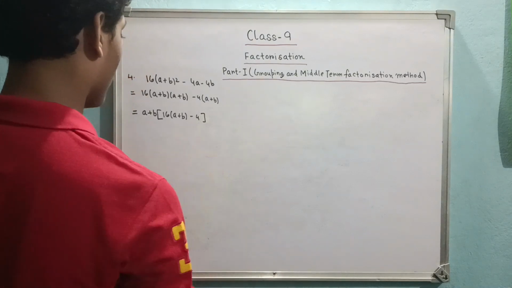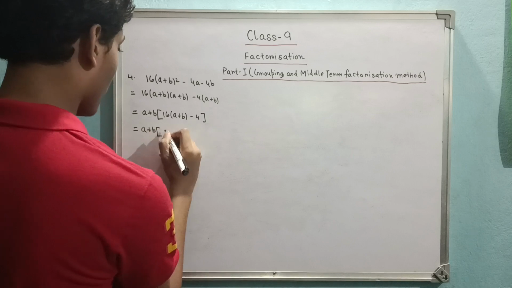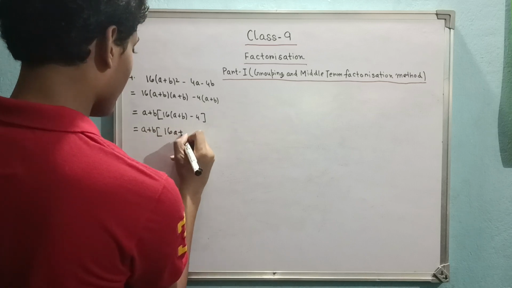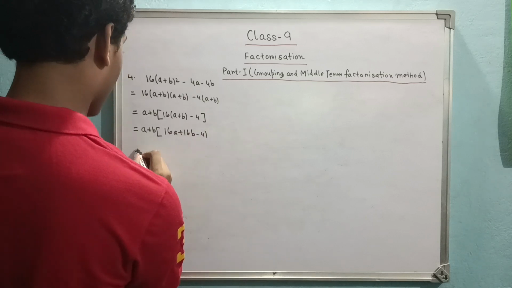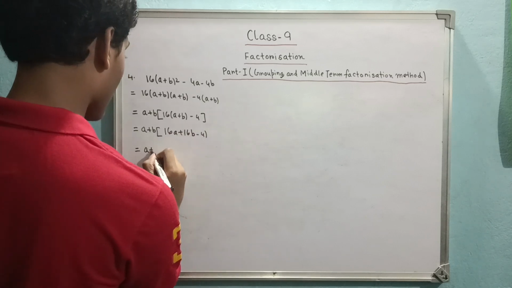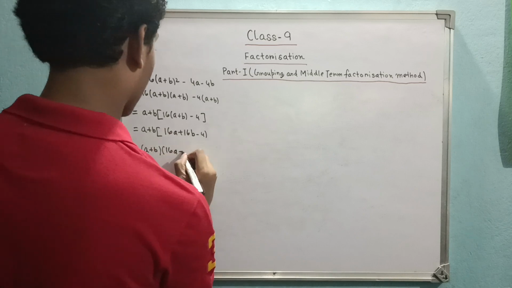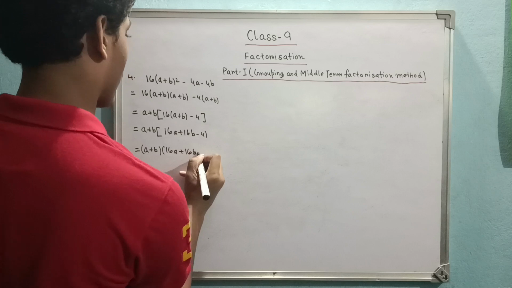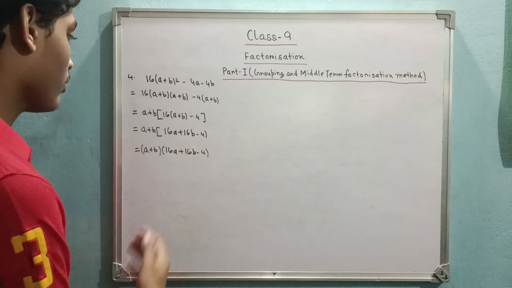This will be equal to a plus b into 16a plus 16b minus 4. And that is the answer actually. Got it? That's how you do it.